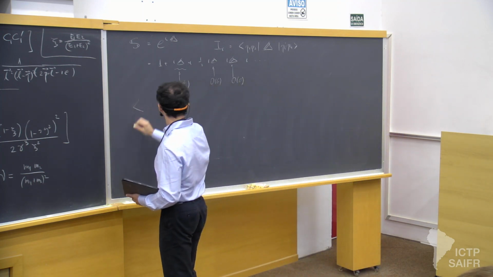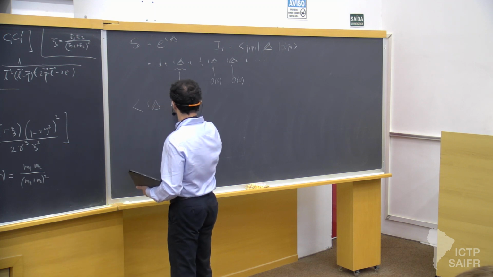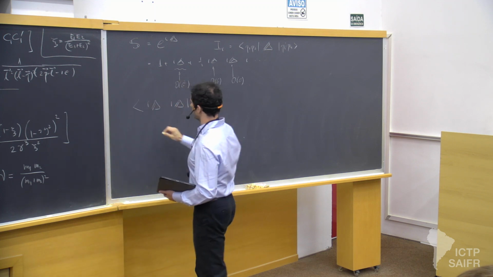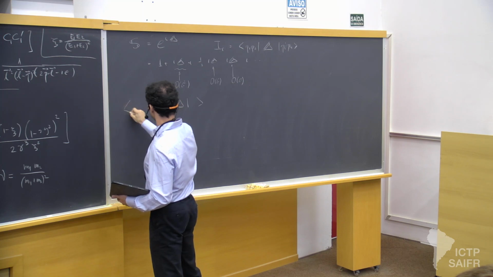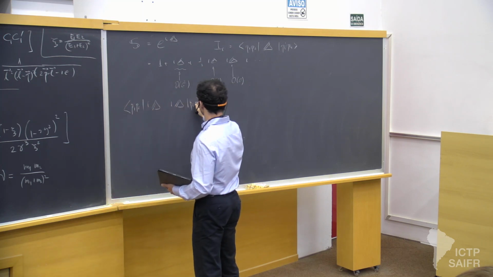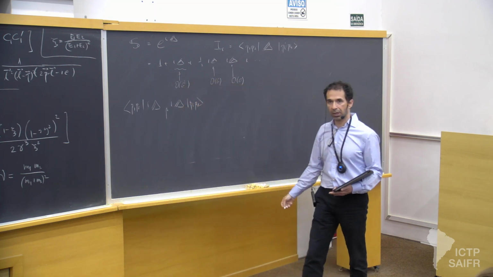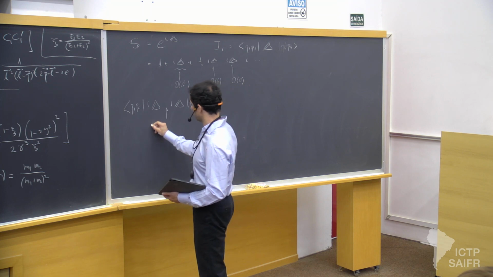So the separation goes along the lines of what we discussed, I guess, on Tuesday. So we insert here a complete set of states in the form of a phase space integral.